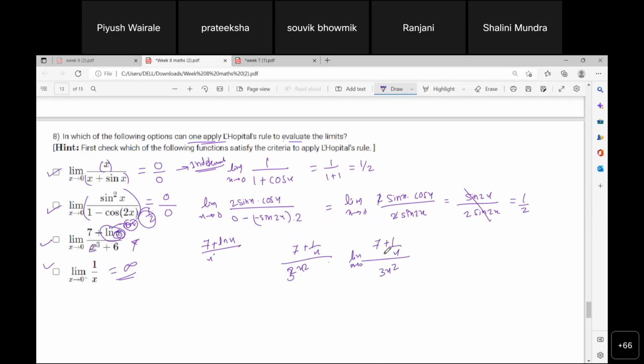Yes, it will be infinity, so infinity by 0 form. L'Hopital's rule is only applicable for 0 by 0 or infinity by infinity, not for infinity by 0. Okay, great. Instead of 0, if it is infinity, then we can apply L'Hospital rule.